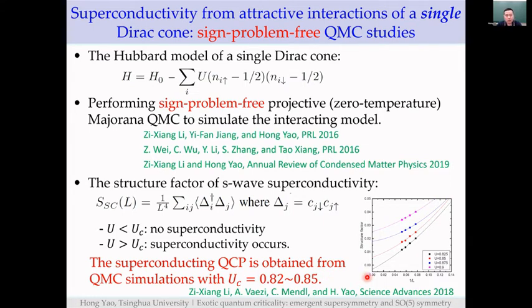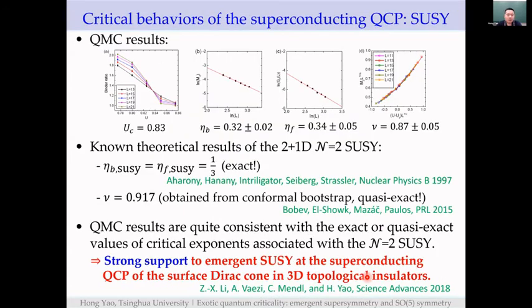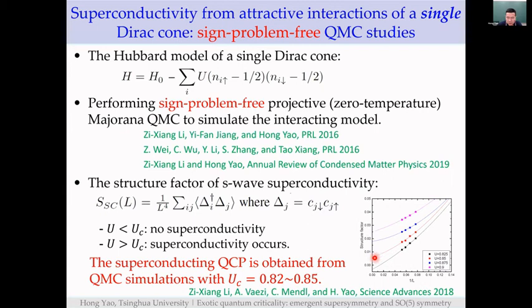And then we try to study the critical exponent of this superconducting quantum phase transition. From this, we know that this superconducting quantum phase transition is likely to be continuous, since the order parameter beyond the UC seems to have no jump.